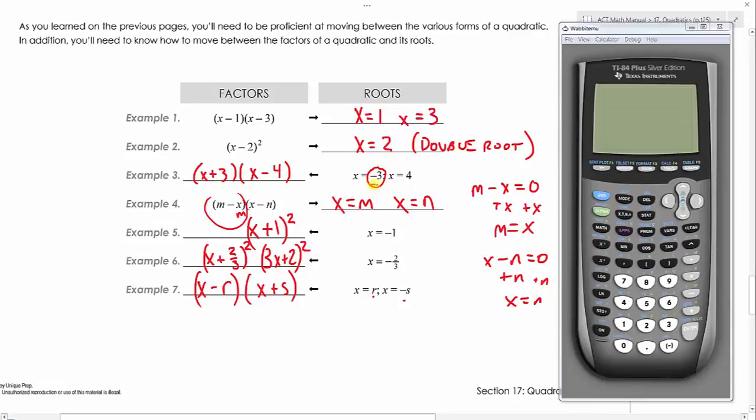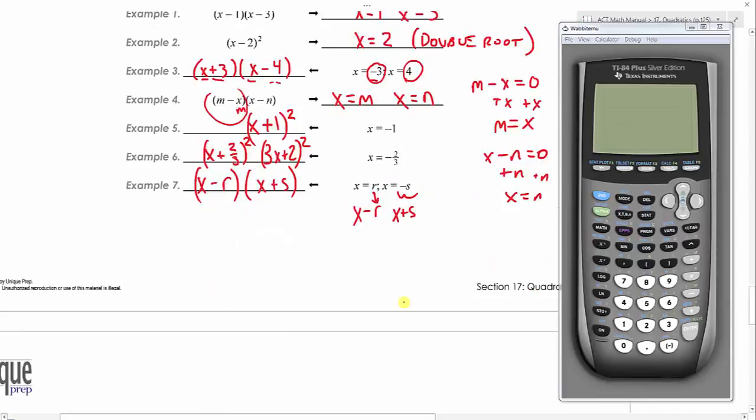So the opposite of this number would be +3, so it's x plus 3. The opposite of this one would be -4, so it's x minus 4. It's the same thing down here. The opposite of this in terms of sign would be -r, so it's x minus r. The opposite of this would be s, so it's x plus s. So if you have a root, you can just flip the sign and put that term after an x.